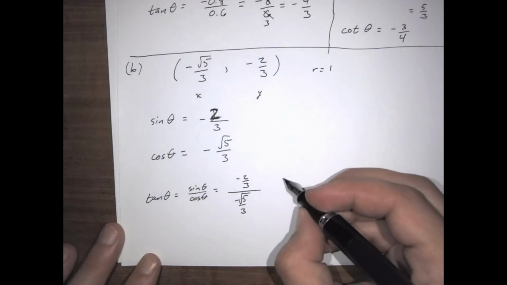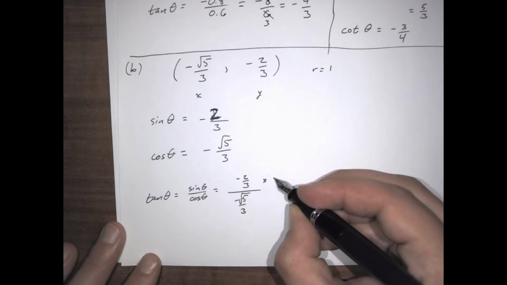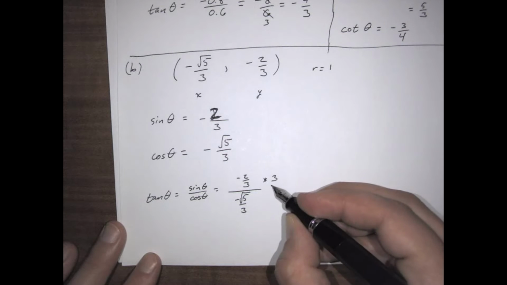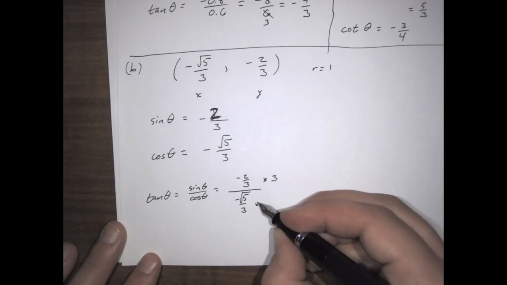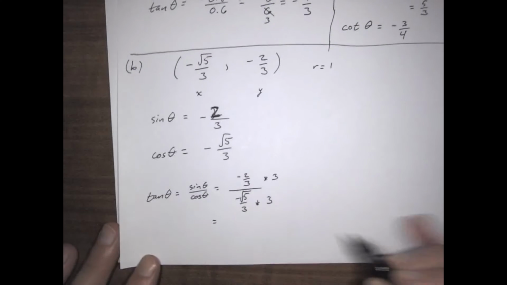Now, how you proceed from this is a matter a little bit of taste. You can write it as a multiplication by the reciprocal. That's a common and correct way of simplifying this. Another common thing you might do is just multiply the top and bottom by 3, in other words, 3 over 1, so as to cancel the denominator.